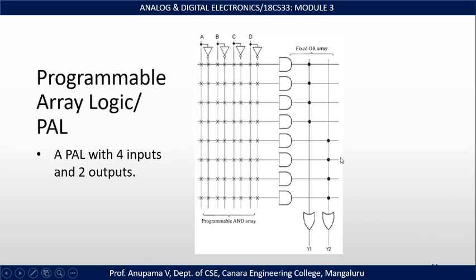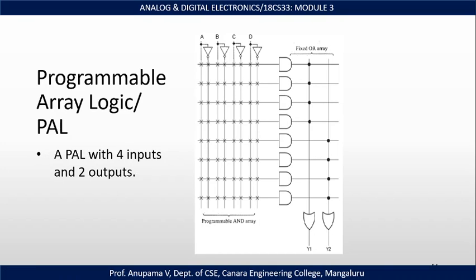The inputs to the AND array are A, B, C, D and their respective complements. The outputs of the OR gates are Y1 and Y2.